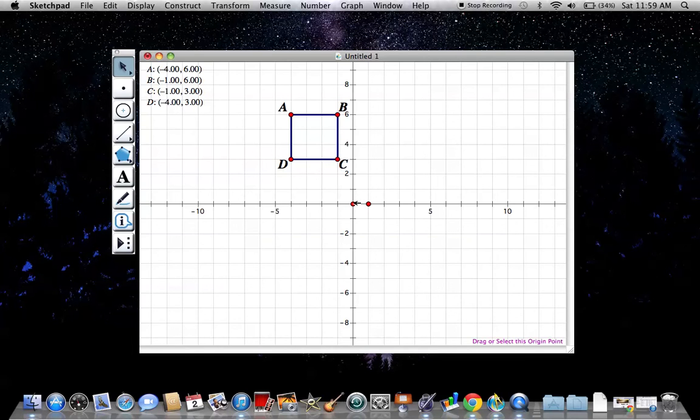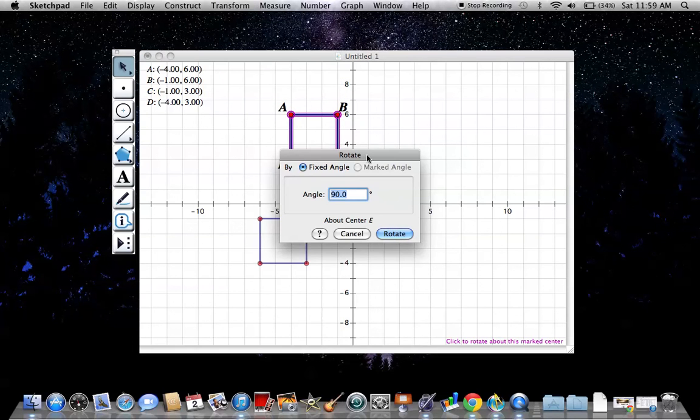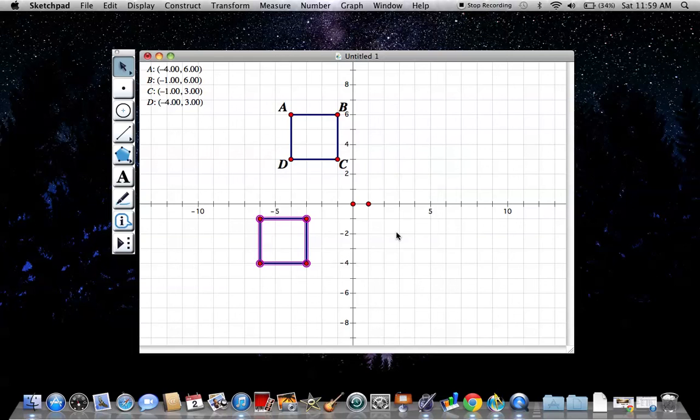So I'm going to pick a point of rotation. I'm going to highlight the figure. I'm going to rotate 90 degrees. Okay, so this figure here is now rotated.